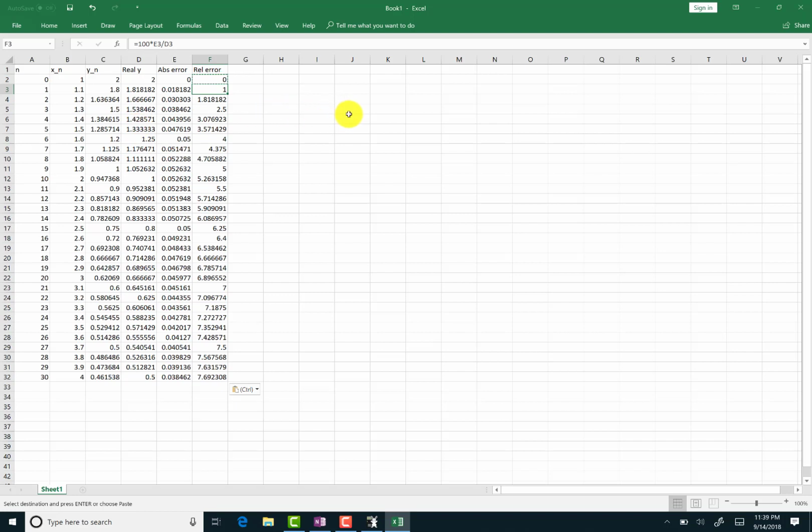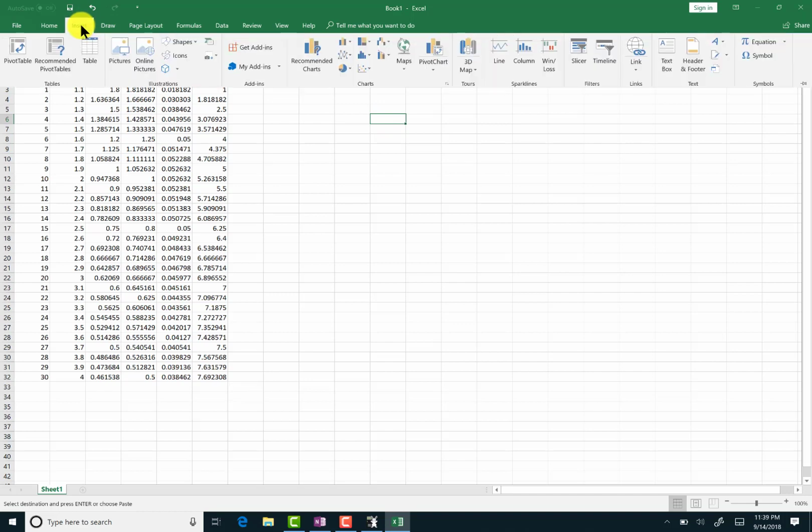So to do that, I'm going to have to enter a chart. Let's insert a chart. I think the one that I had the best luck with was the scatter chart.